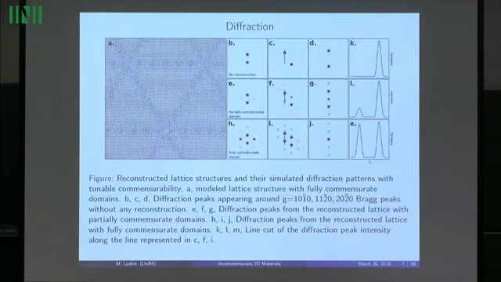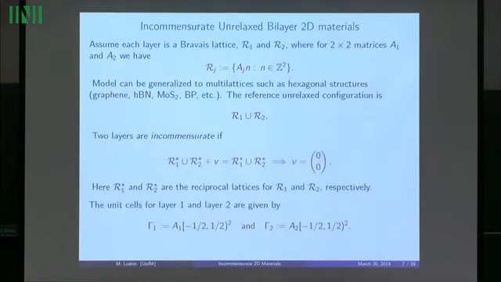If I had no relaxation, I'd have two sharp peaks like this, and then as I turn on the interaction between the bilayers, the relaxation forms, and we really see a difference in the diffraction, in the Fourier transform of the two images. So there are some interesting problems here in diffraction and dark field imaging.